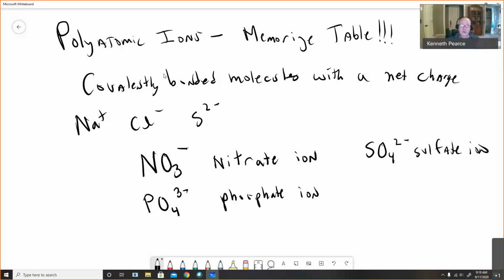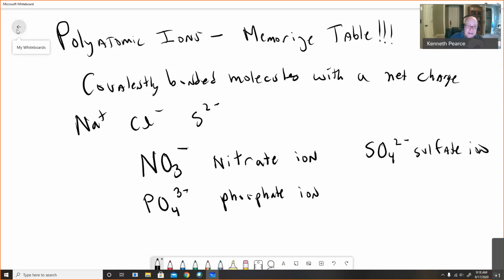Now, when we're using these to make molecules, the same rules apply. The total charge has to equal 0 when we put them together in an ionic compound. The charge has to equal 0. Now, there's a couple things you have to be aware of, though.